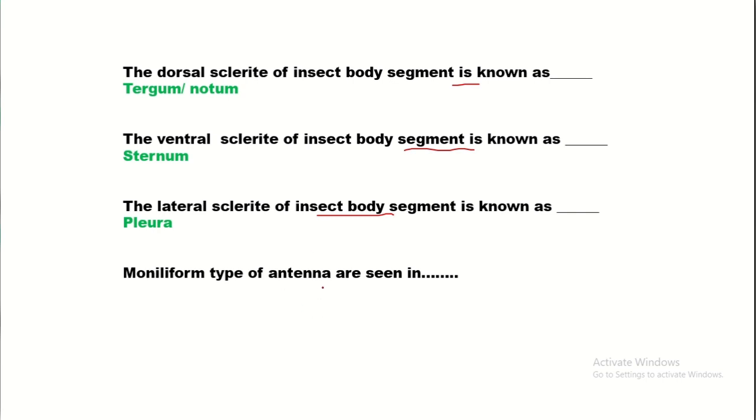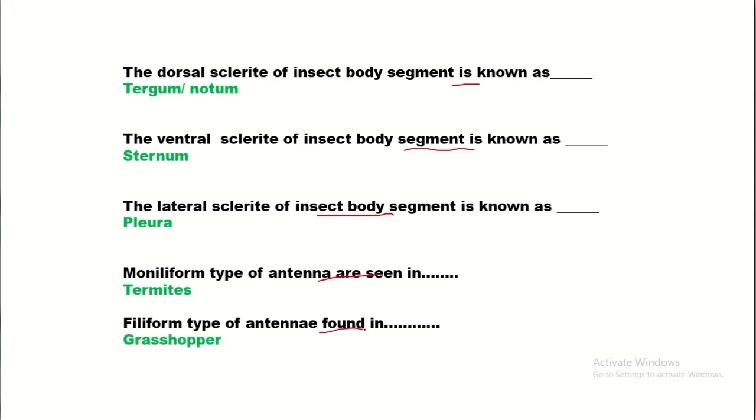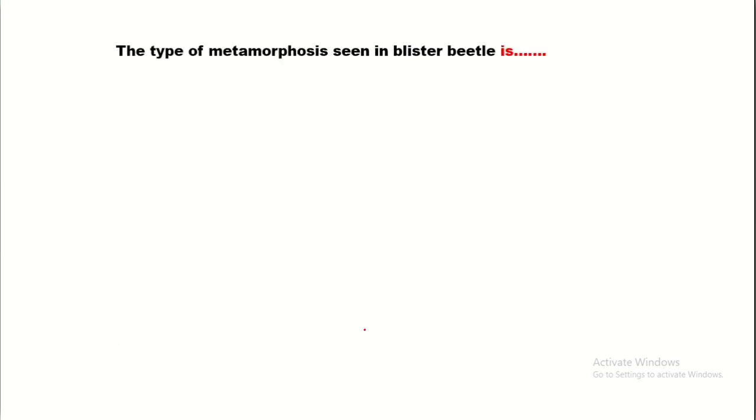Moniliform type of antenna is found in termites. Filiform type of antennae is found in grasshopper. The type of metamorphosis seen in blister beetle is hypermetamorphosis.